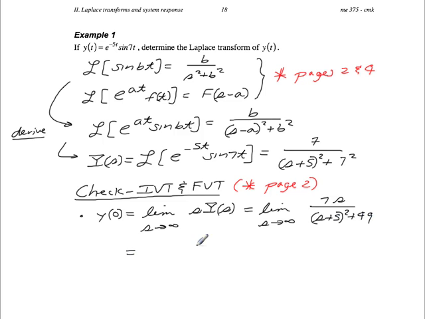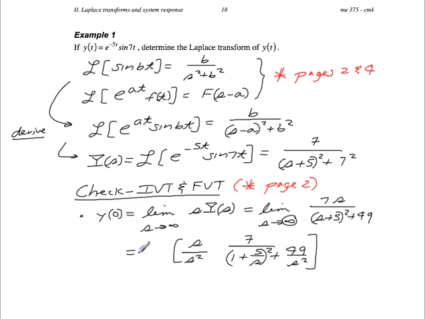One thing I find easiest to do when I'm taking a limit like this is to get everything in terms of fractions of s. So I'm going to factor out an s from the numerator, and an s squared from the denominator. That gives me 1 plus 5 over s, quantity squared, plus 49 over s squared.